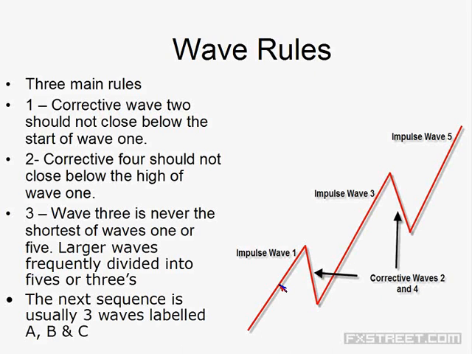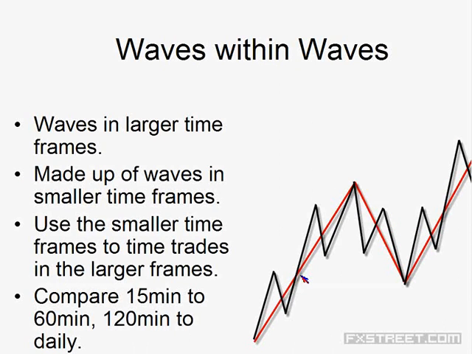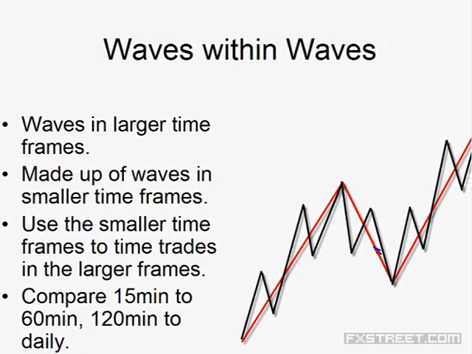Okay? And then I just threw in that where we've got corrective waves, we can very often see relate the longer term waves to the shorter term waves. So we might be looking at the daily, and then we can compare it to, say, the 15-minute chart, and we can quite often see things like a corrective wave 2 here in this case, can be subdivided into either 3 or 5 waves.